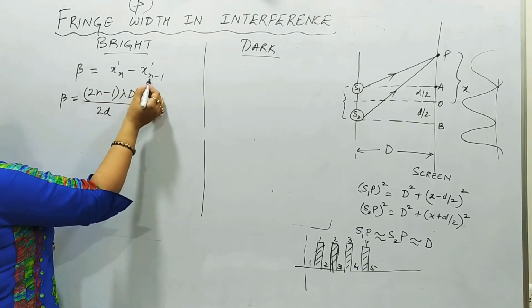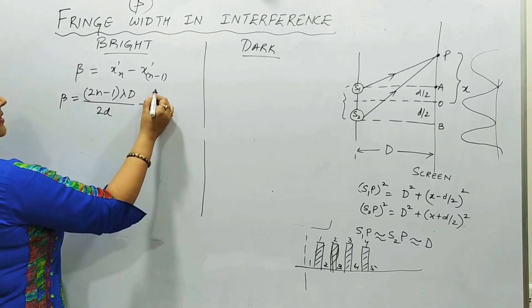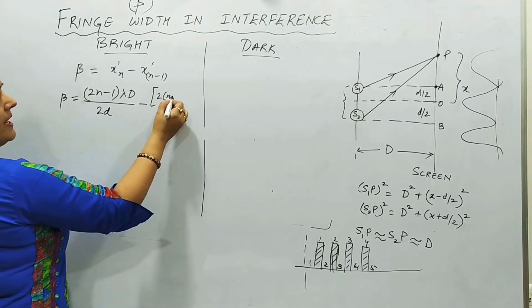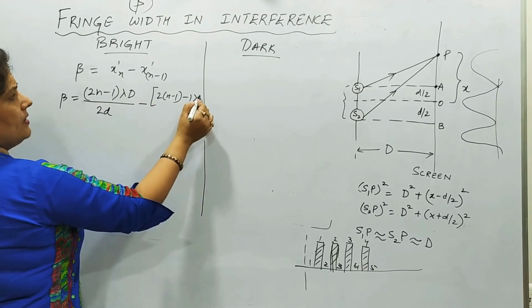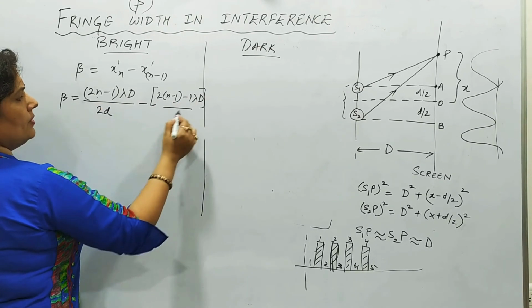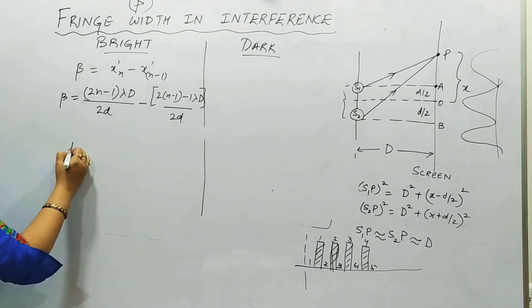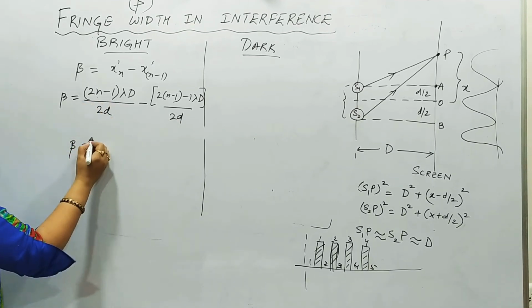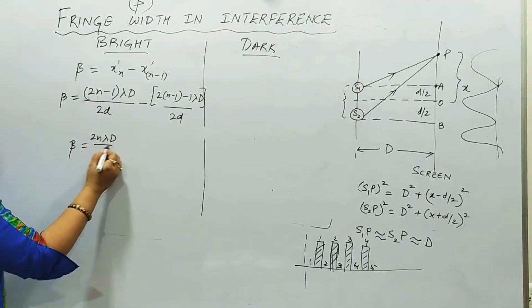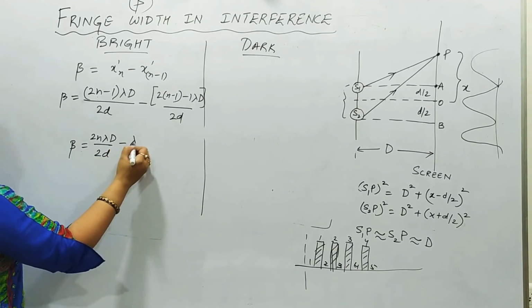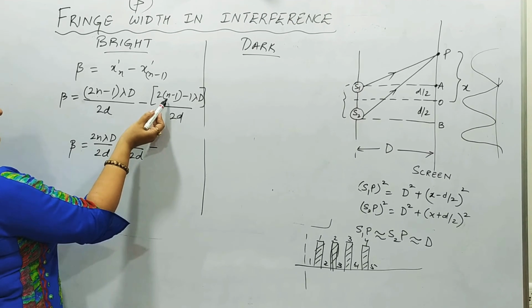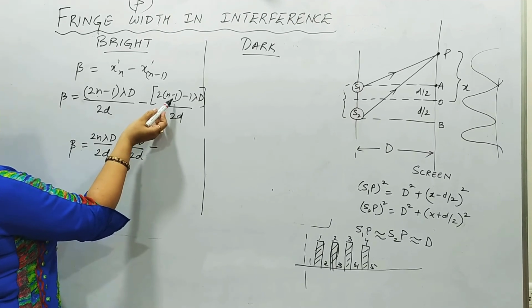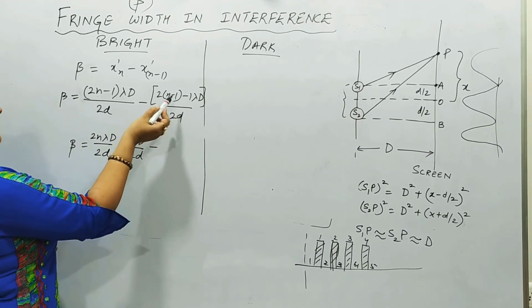In place of n, n minus 1 will be replaced. 2 n minus 1 minus 1 lambda D, capital D upon 2d. On solving, you will get 2n lambda D upon 2d minus lambda D upon 2d minus 2n minus 2 minus 1. This becomes 2n minus 3.